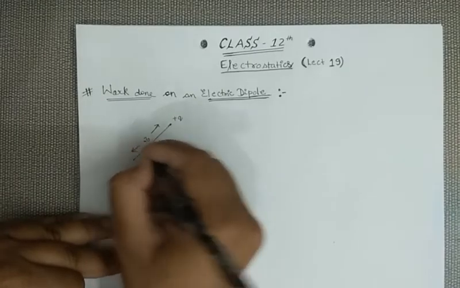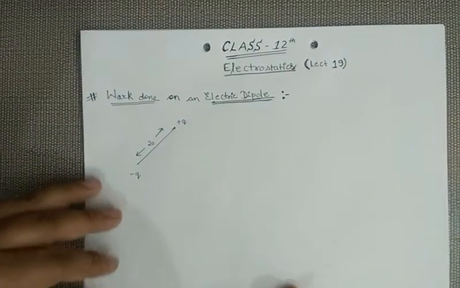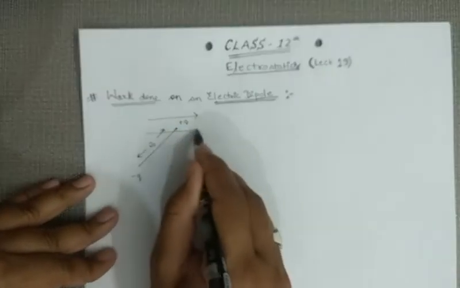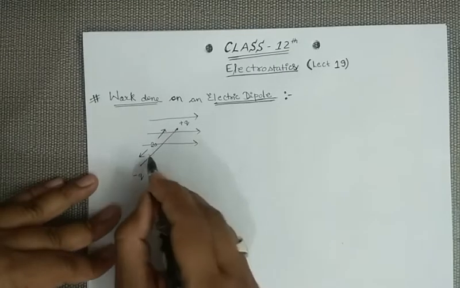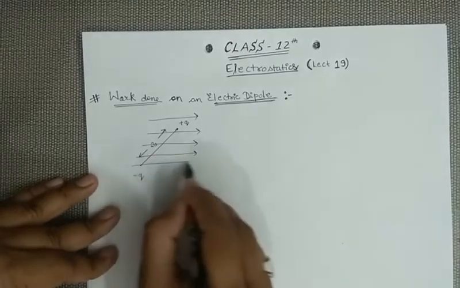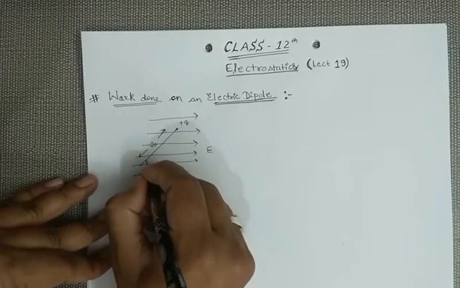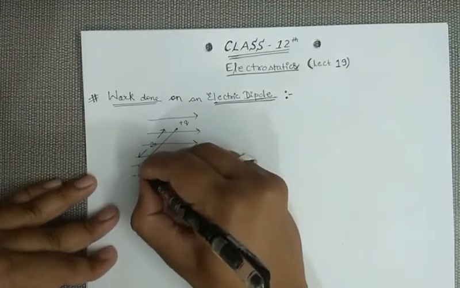So this will become a dipole. This is an electric dipole, and I have placed this dipole in a uniform electric field, such that the dipole is making an angle theta with this field.